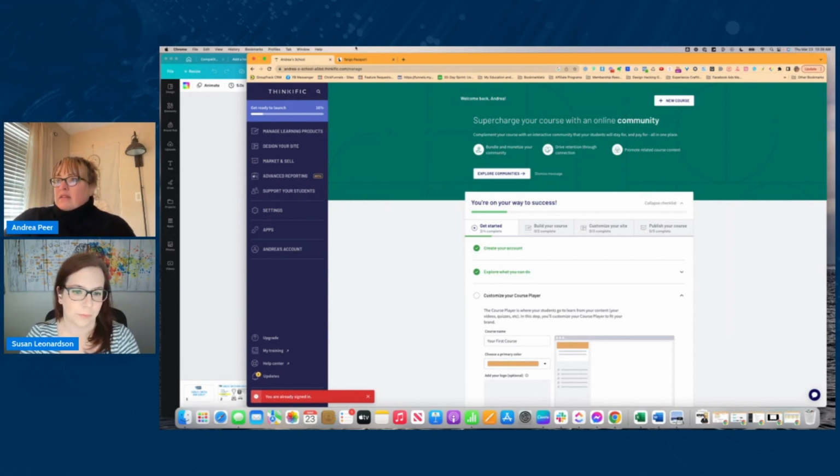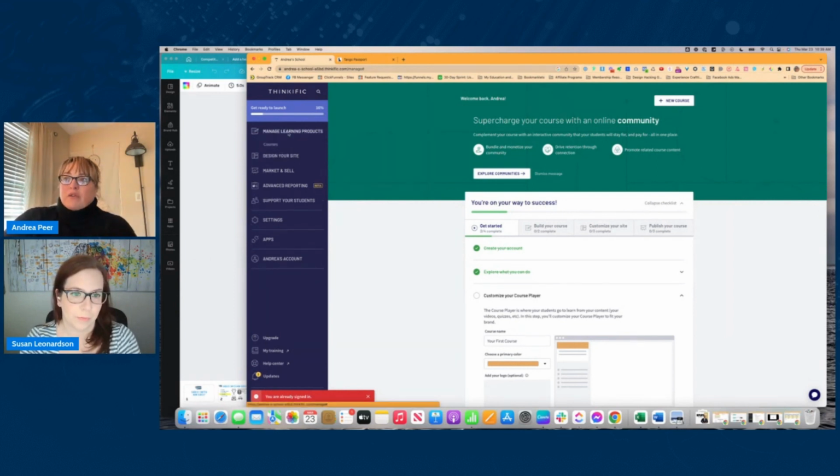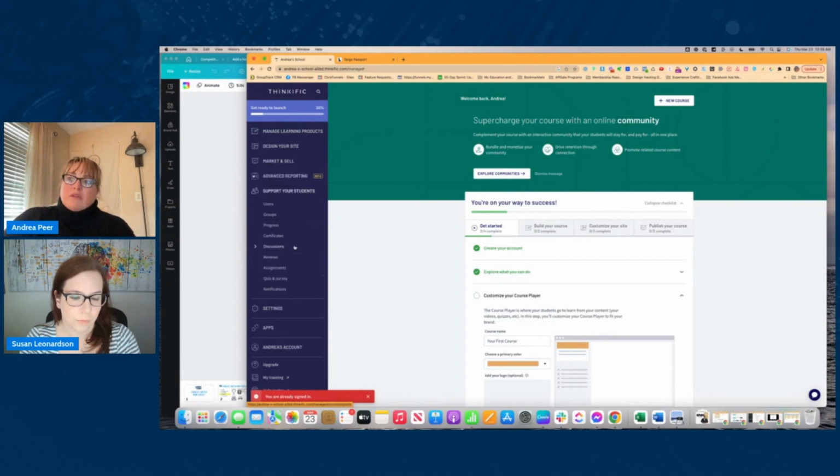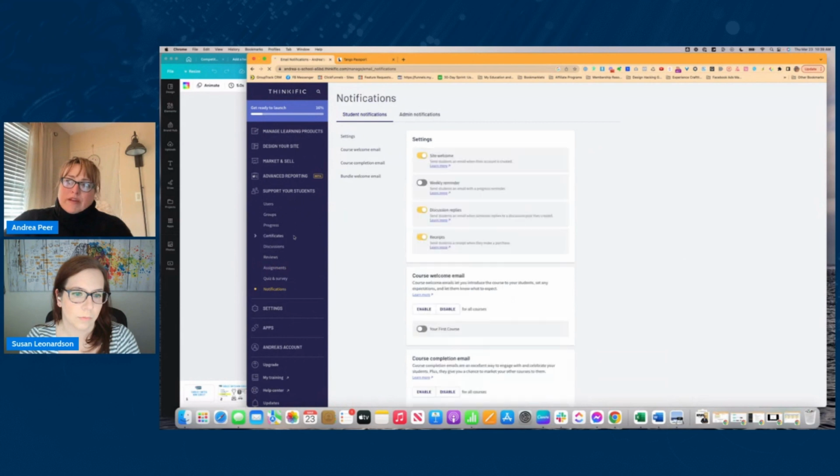So the back end over here is I can manage my learning products, which is where you make your products basically. But I think what's really cool is to support your students. So you can get certificates, there's discussions, you can do reviews, you can do assignments, you can do quiz and survey, you can send notifications. So again, just a lot more robust features in terms of the course and helping them along the course and being able to see their progress.